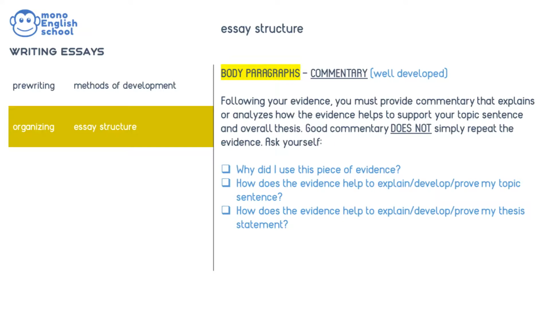Try to build upon, expand, and develop it. Here are some questions that can help you to achieve this. Why did I use this piece of evidence? How does this evidence help to support my topic sentence and my overall thesis?